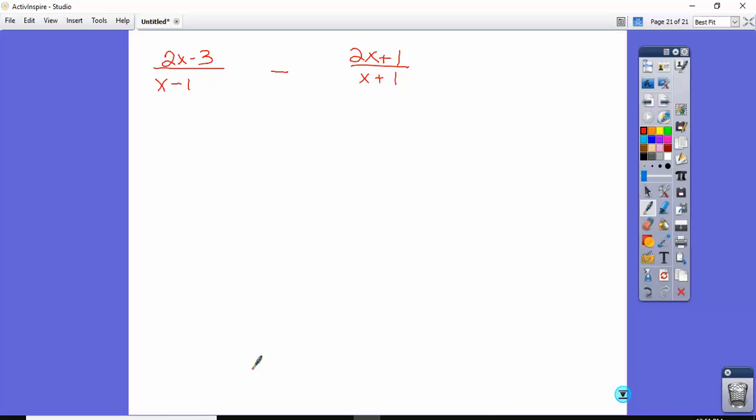Those are not the same, so we are going to create our common denominator. The first one has x minus 1. What does it need? X plus 1. So we'll multiply it by x plus 1 on top and bottom. The second one already has the x plus 1. What does it need? X minus 1.